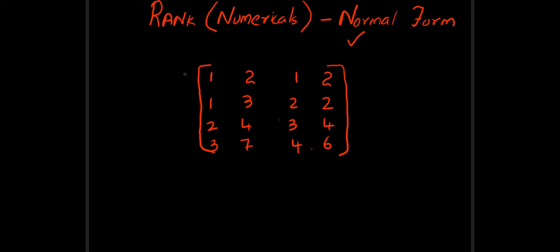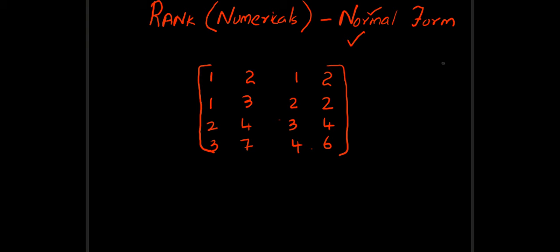I hope you watched the last video and you know the procedure to reduce matrices into normal form. In case you have not watched the last video, pause this right now and watch how to reduce matrices into normal form. Okay, now let's start.